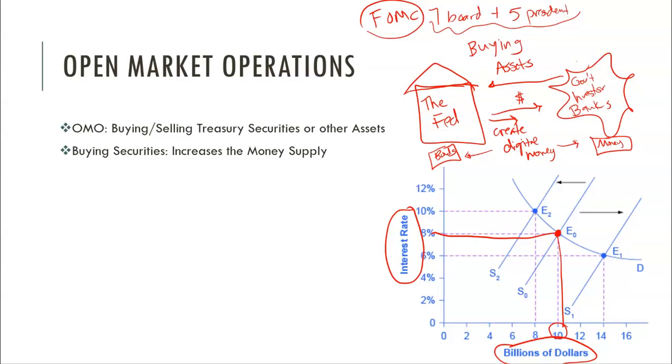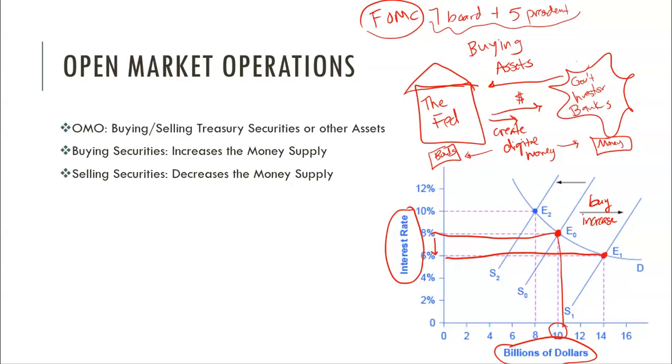If the Fed wants to lower interest rates, so they say interest rates are too high, we want to lower interest rates, what they're going to do is buy securities. So as they're buying securities, they're increasing the money supply. This increase in the money supply leads to a new equilibrium with a lower price, or a lower interest rate. So buying securities lowers the interest rate.